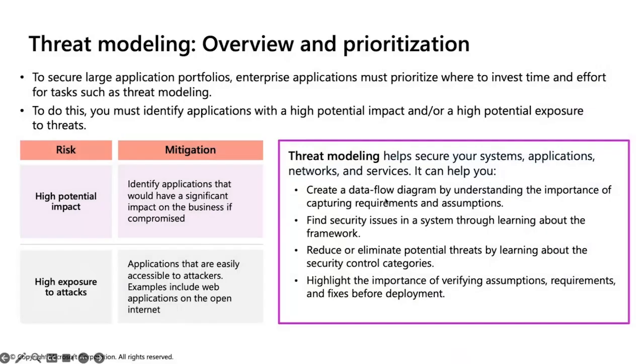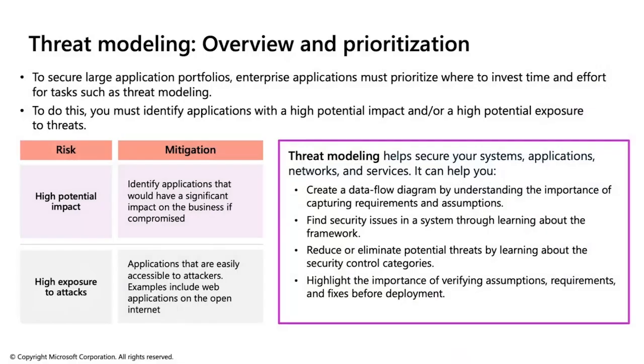It can help you create a data flow diagram by understanding the importance of capturing requirements and assumptions. Also, it is very helpful in reducing or eliminating potential threats by learning about the security control categories. So we can detect these kinds of vulnerabilities and challenges in advance and be ready for them, or we can code and enhance security in my application.